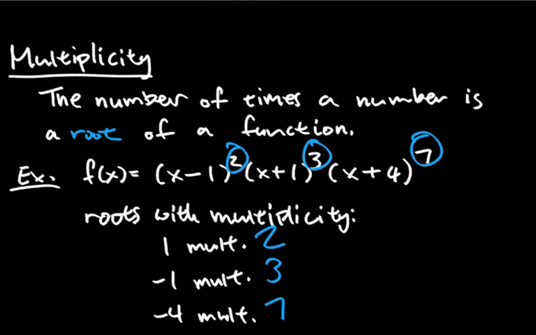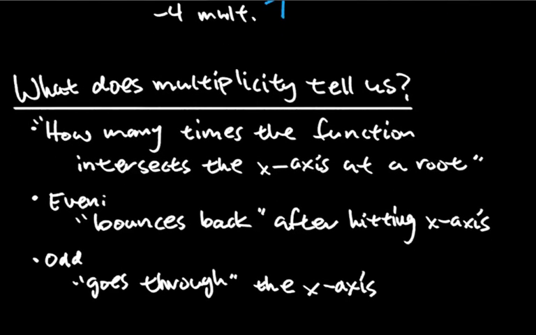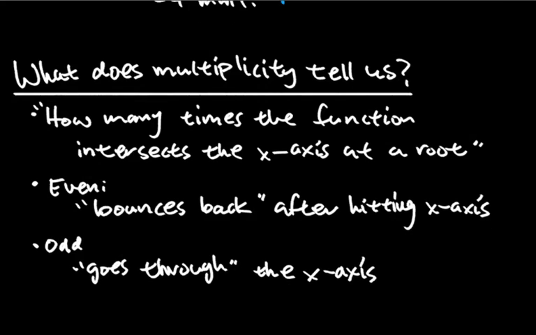So what in the world does this say about graphs? Well, you can think of it as the number of times the function will intersect the x-axis at a root. So it's just kind of like, in a way, alternating directions. So here's the axis. There's a root.